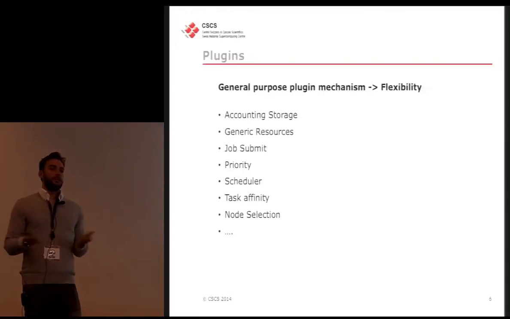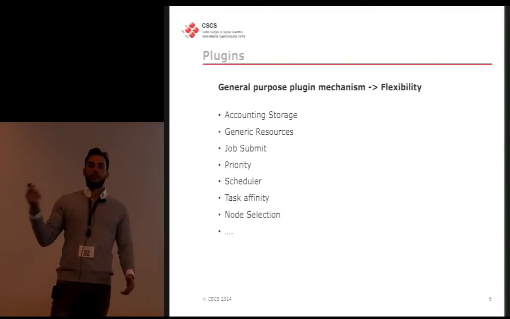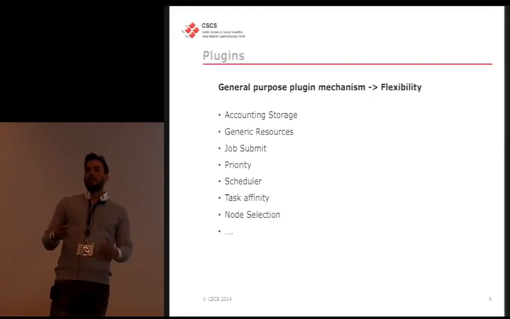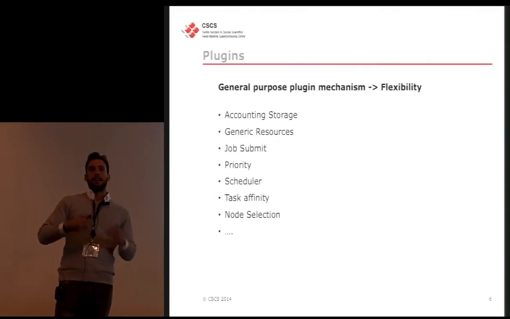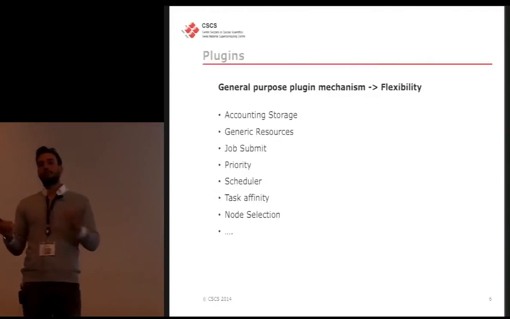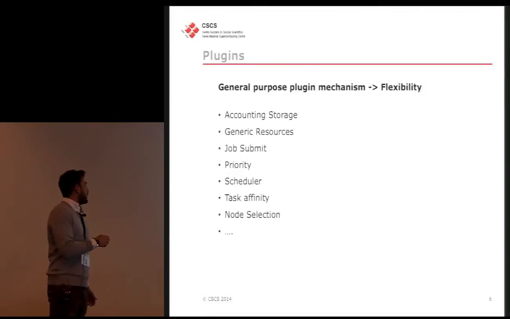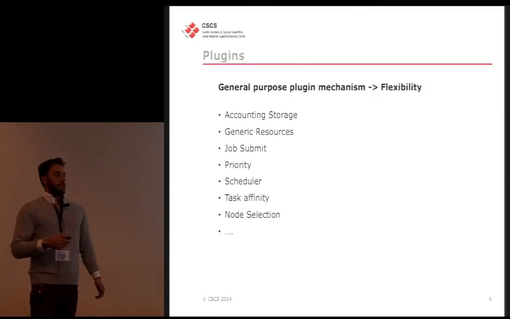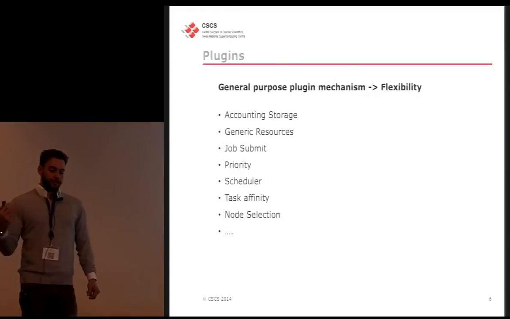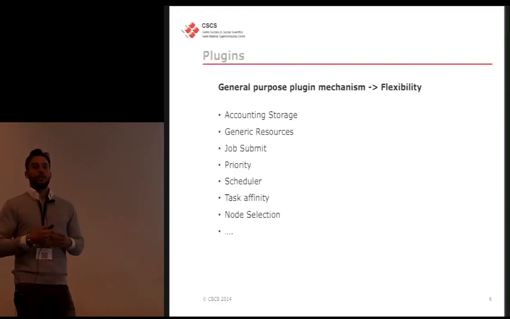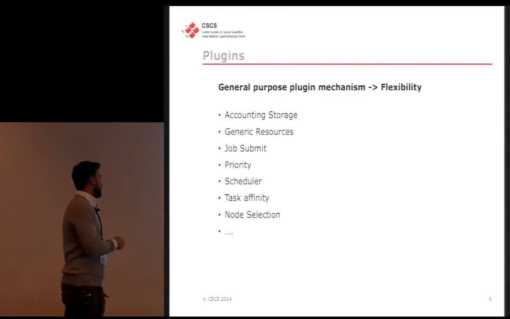For instance, if you want to check if the user is allowed to run or not, or any kind of calculation before the job submission. The priority plugin makes you use a priority mechanism for managing different queues or priorities inside the queues, and so on.